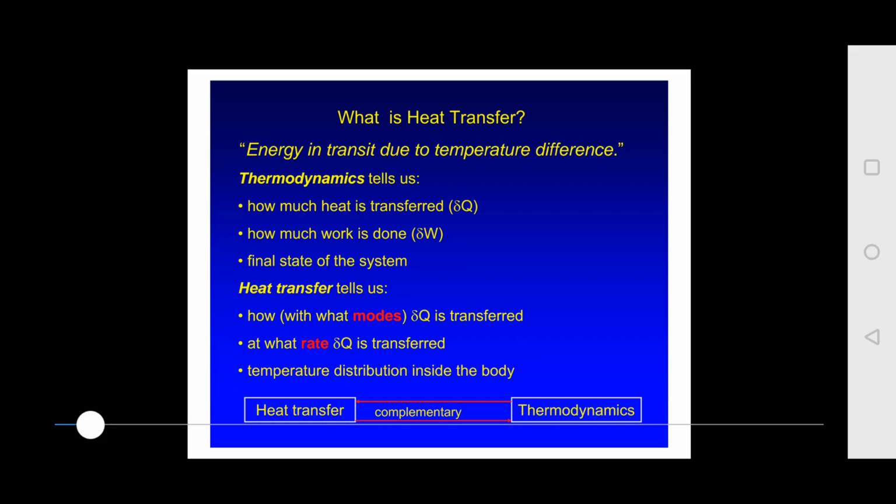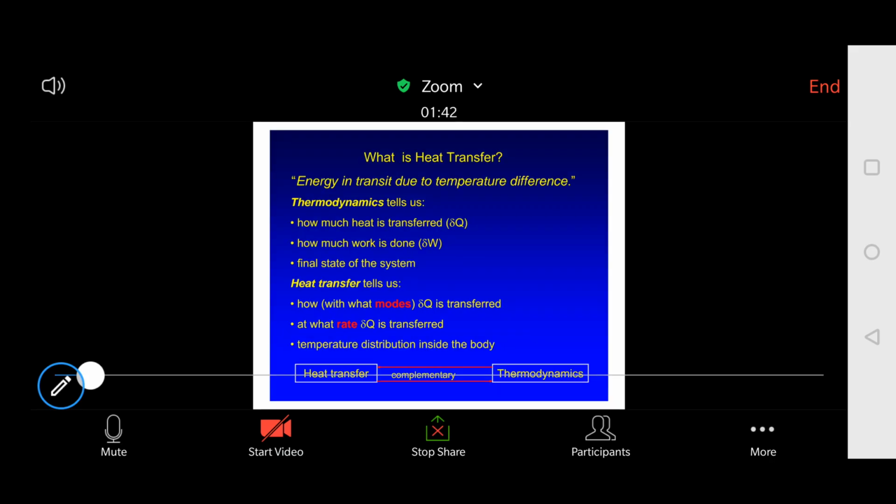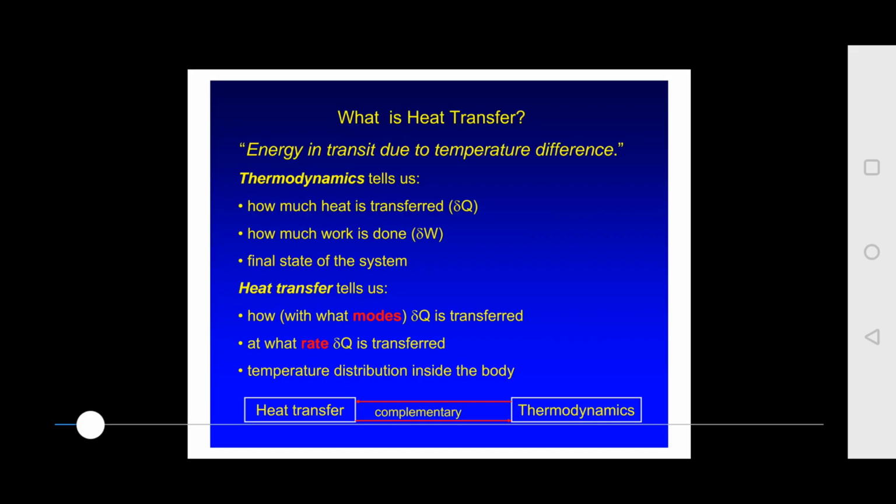Now we need to see what the difference is between thermodynamics and heat transfer. Energy in transit due to a temperature difference is heat transfer. Thermodynamics tells us how much heat is transferred, that's delta Q, and how much work is done on a system, and it gives the final state of the system.